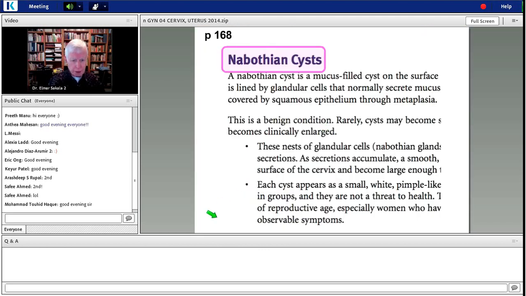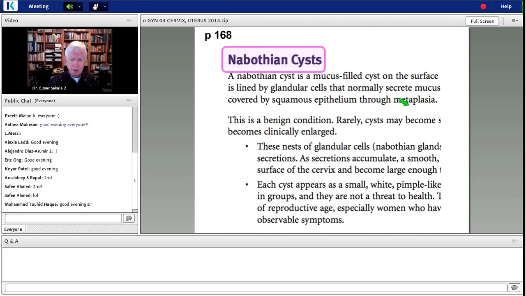Okay, Nabothian cyst. Let's talk briefly about Nabothian cyst. A Nabothian cyst is a mucus-filled cyst on the surface of the cervix that is lined by glandular cells that normally secrete mucus, and those mucus-producing cells are covered by squamous epithelium. It is an incomplete metaplasia.